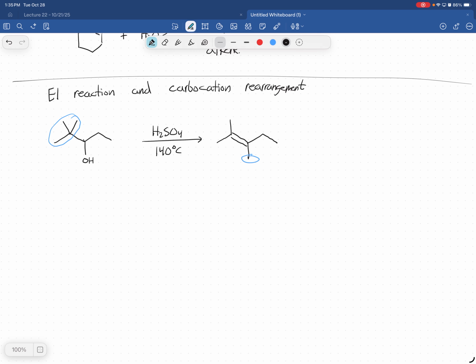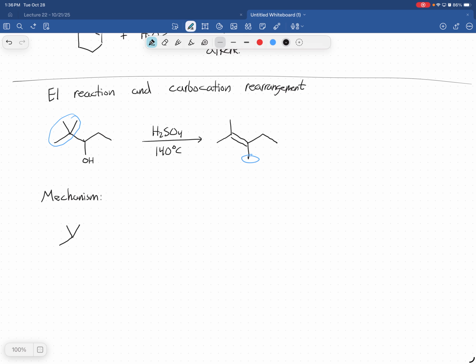So now let's talk about the mechanism. In terms of the mechanism, pretty straightforward. It's pretty clear what happened. Just think about it. The first step we do, right? Protonate, and then what happens to the alcohol? What intermediate forms? Yeah, carbocations.